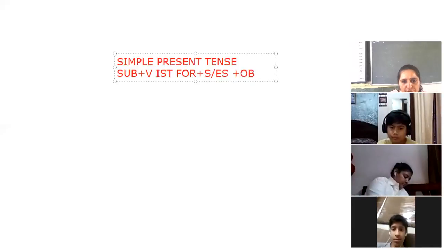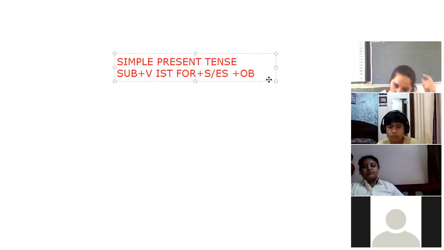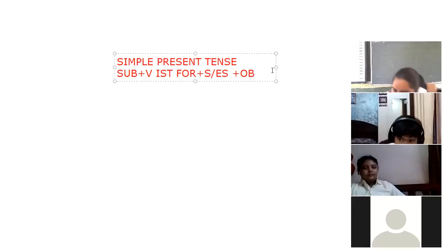So this we have done, children. Can you give me one example? With plural we are not using S/ES. With singular we are using S/ES, and with I and you, both are exceptions, so we are not using S/ES with them.